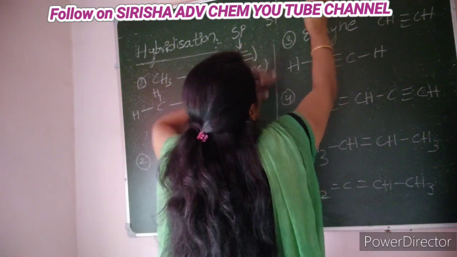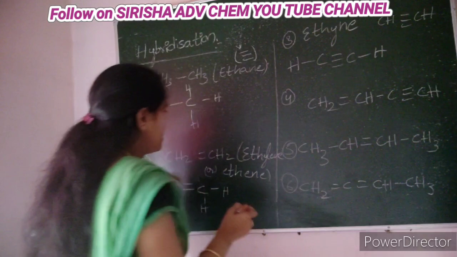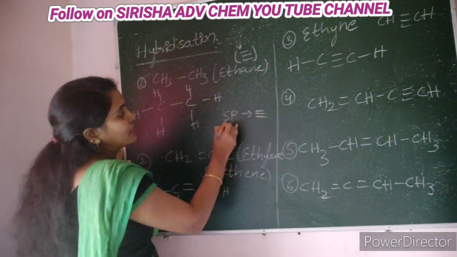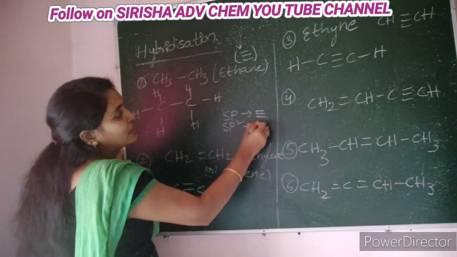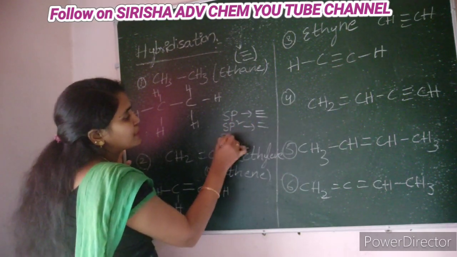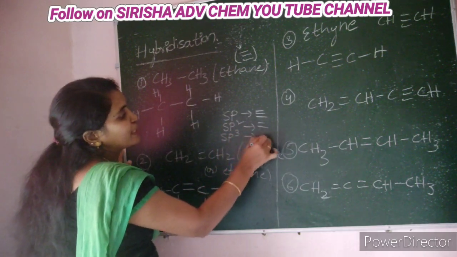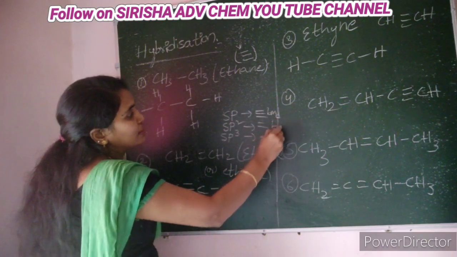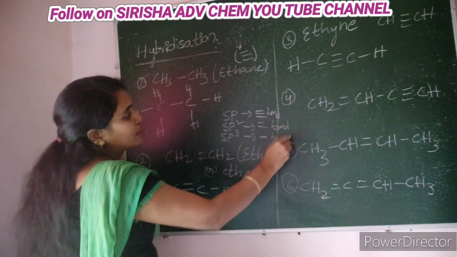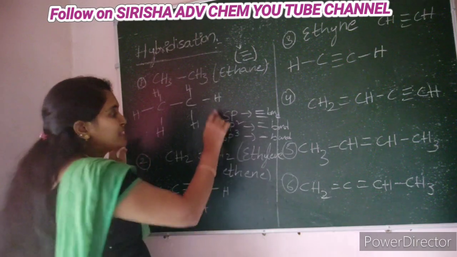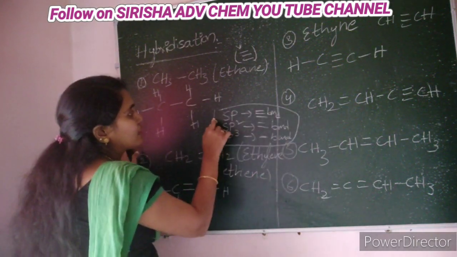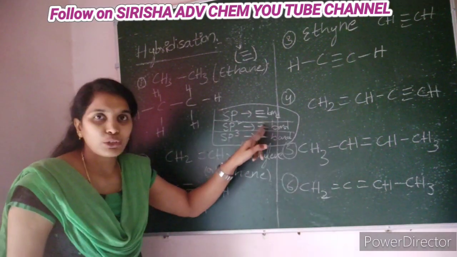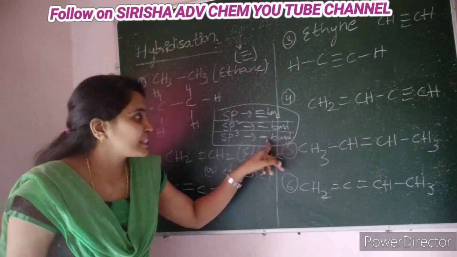Then we'll write it down here. sp means triple bond, sp2 means double bond, sp3 means single bond. Okay, children, look here: sp means triple bond, sp2 means double bond, sp3 means single bond.